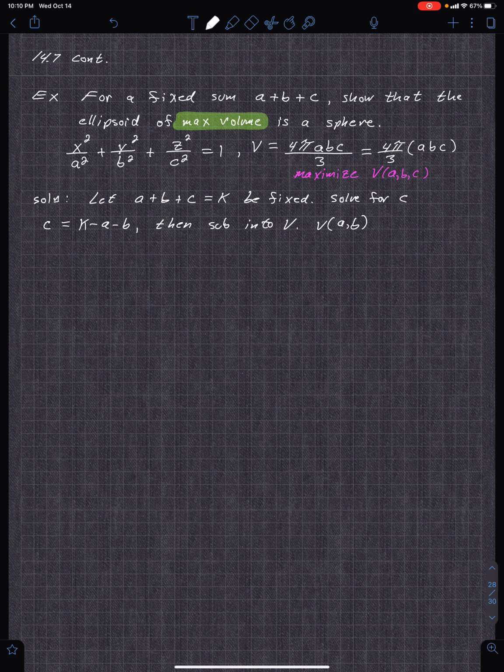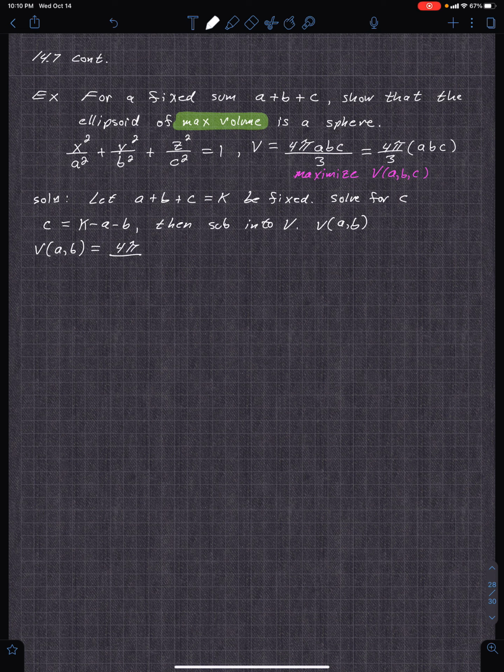Now we can write the volume V of AB in terms of those 2 variables.